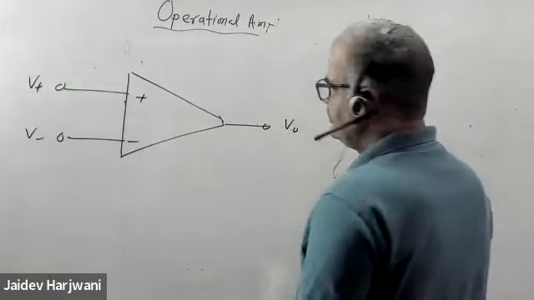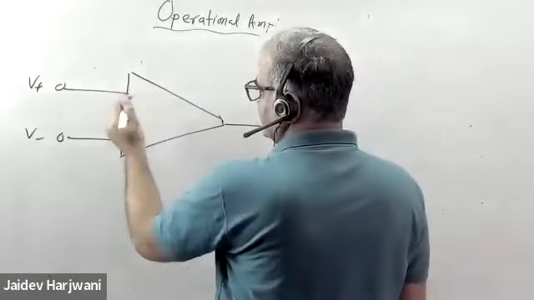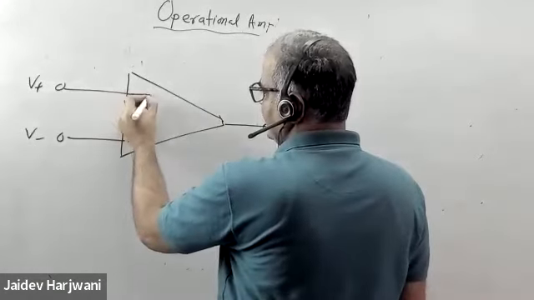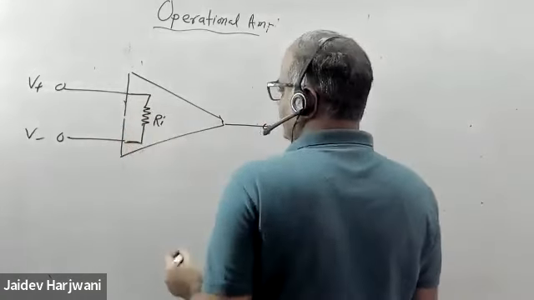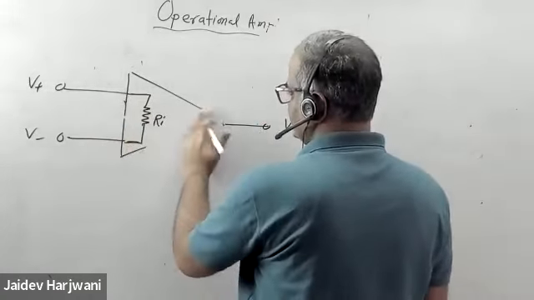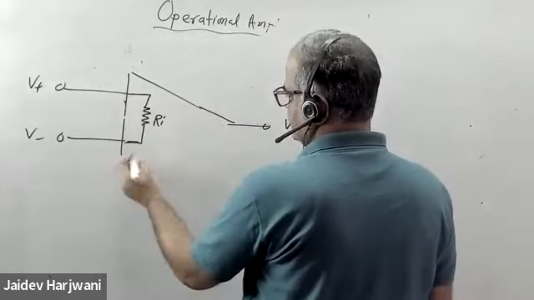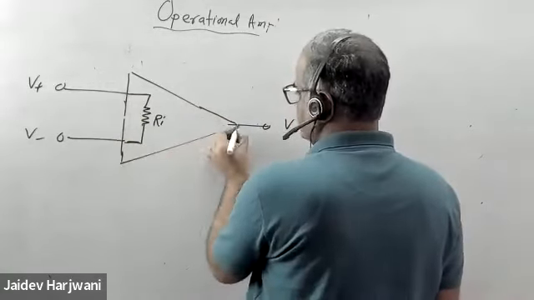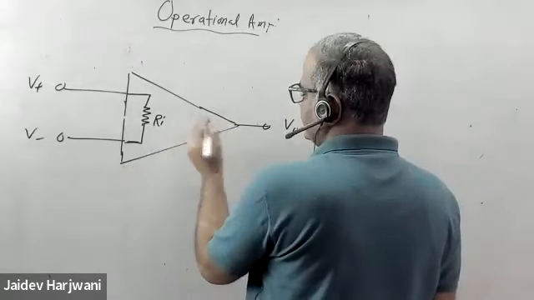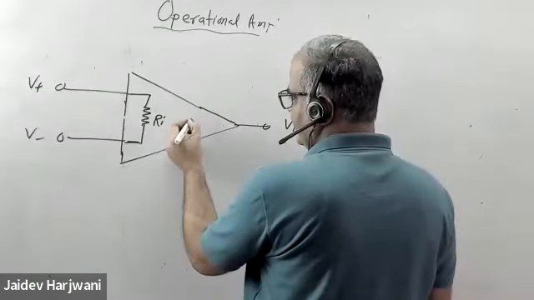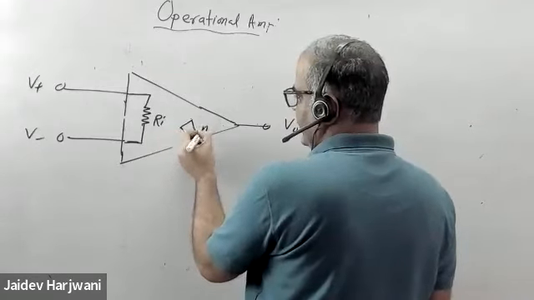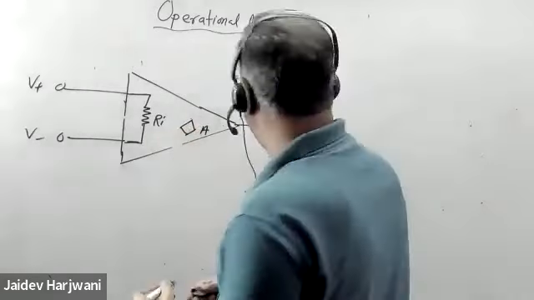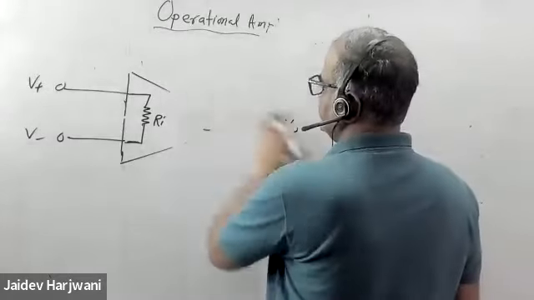Basically here you have an input resistance called Ri, and at the output you have a voltage dependent source, which is called A. Let me draw it a little bit bigger so that you can understand.